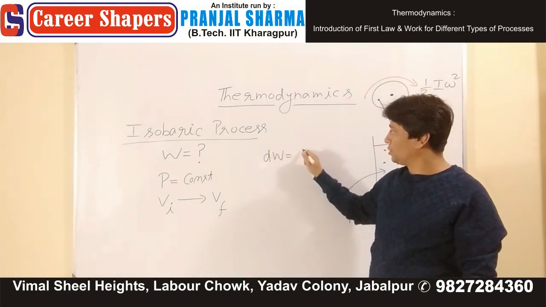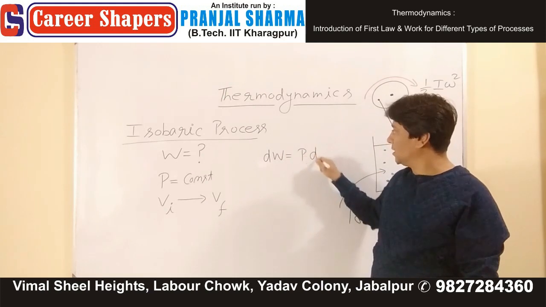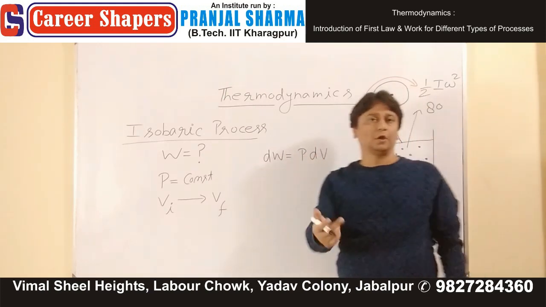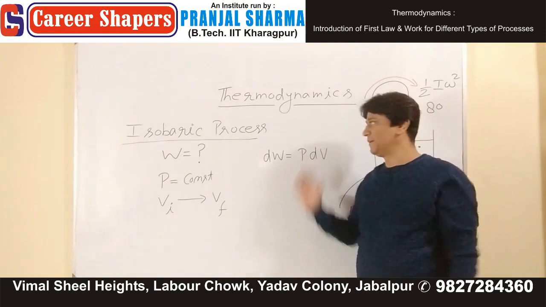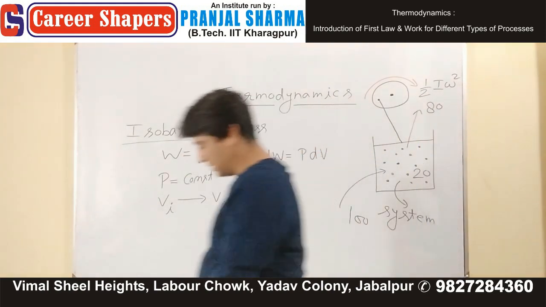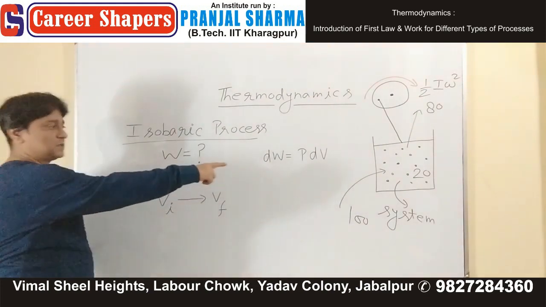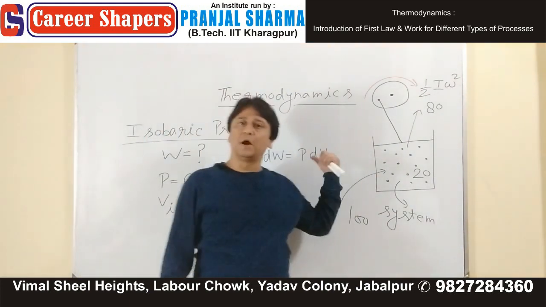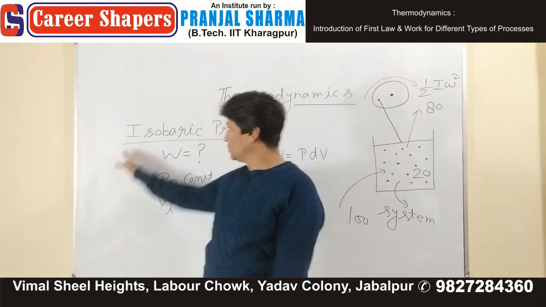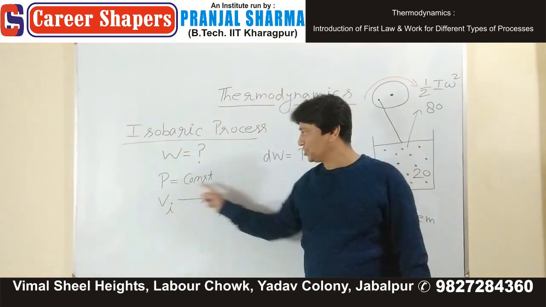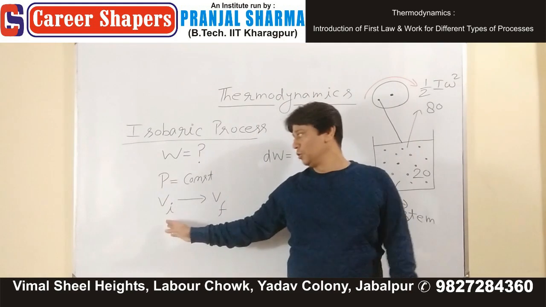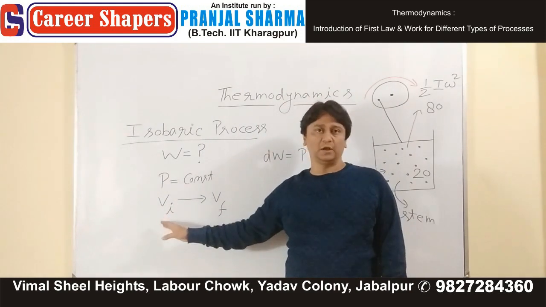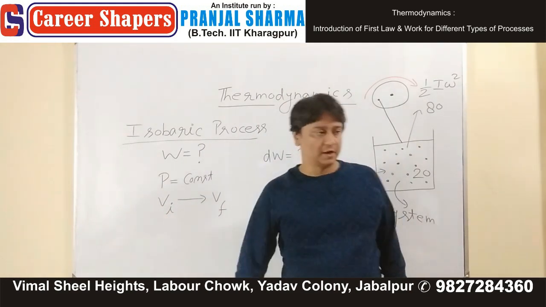The only thing you need to know is that dW is always P dV. And you can yourself find work done by the system in an isobaric process. Isobaric means pressure remains constant. Volume is changing from V initial to V final.